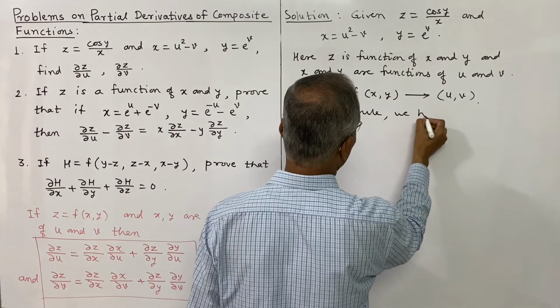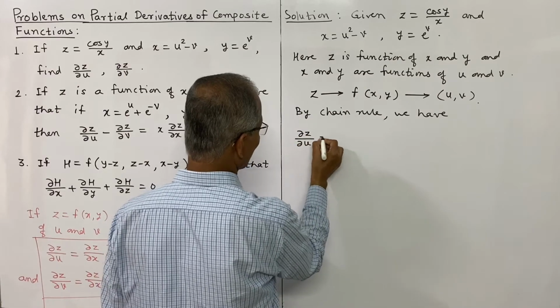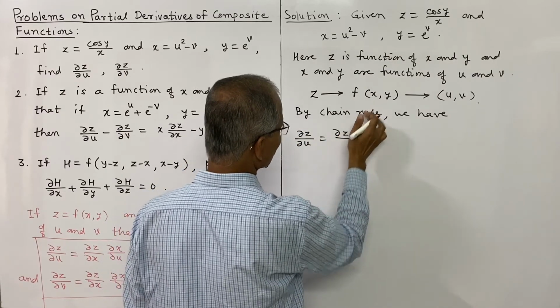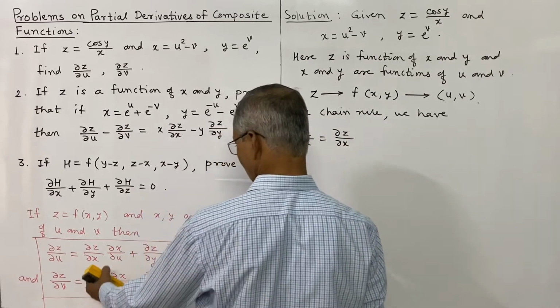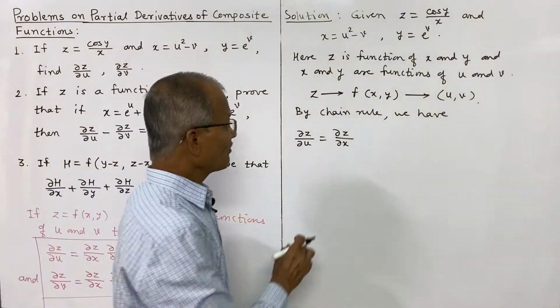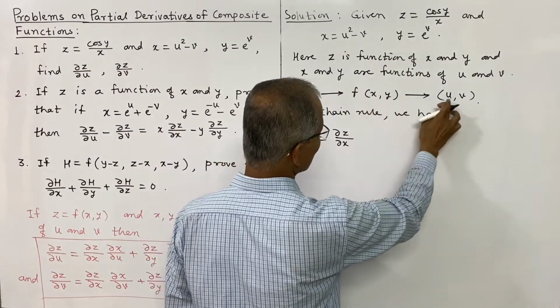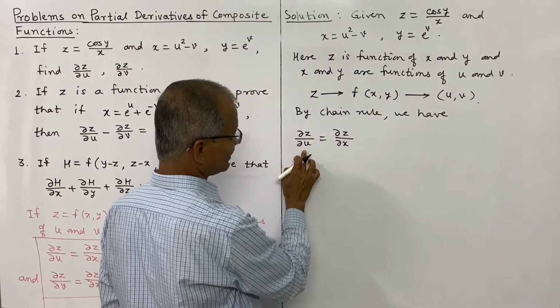By chain rule, we have partial derivative of z with respect to u equal to partial derivative of z first with respect to x. We have written the rule here, and that is easy to remember. Partial derivative of z with respect to x, and then that of x with respect to u. We are differentiating first with respect to u.